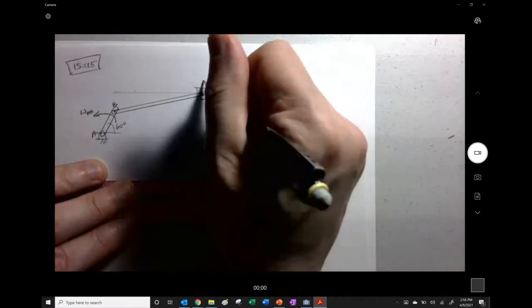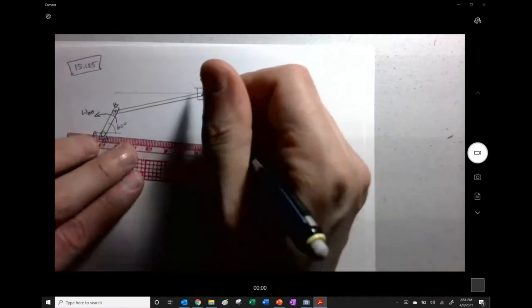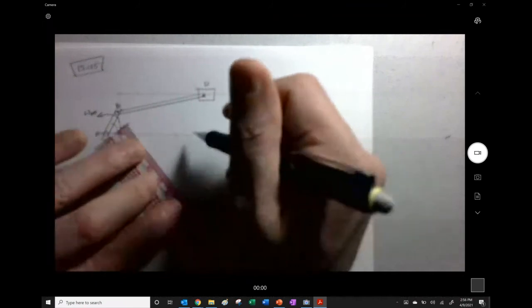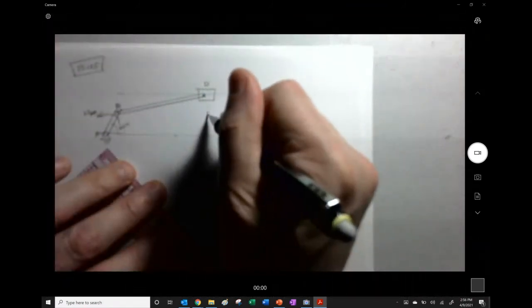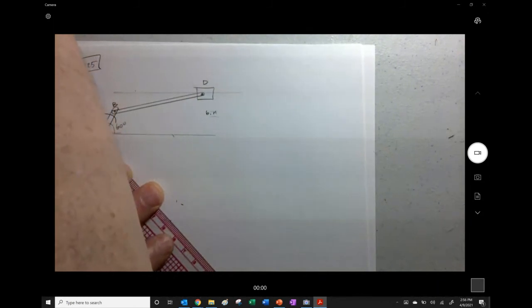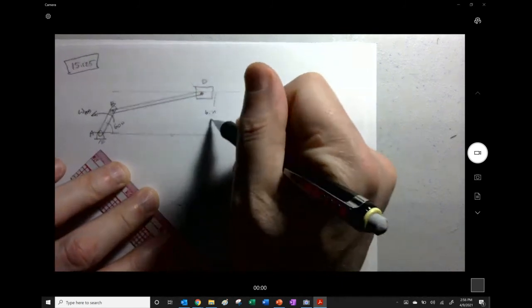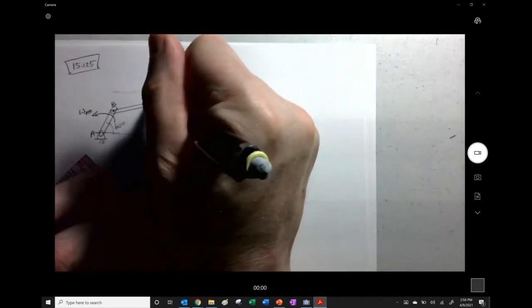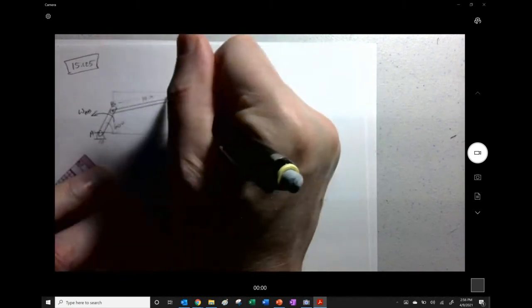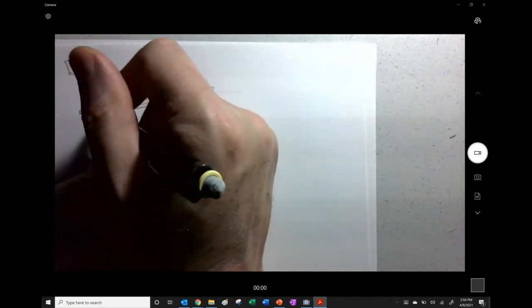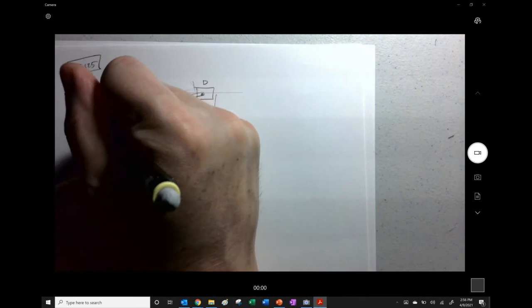And this is D, and this distance is going to be 6 inches. Let's get a little closer there. You made it really itty bitty. Right, so that's 6 inches right in there, and this is 10 inches long, and this one is 3 inches long.